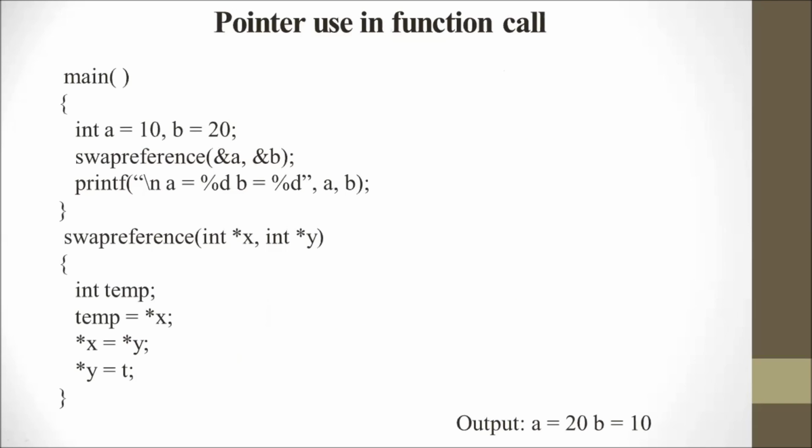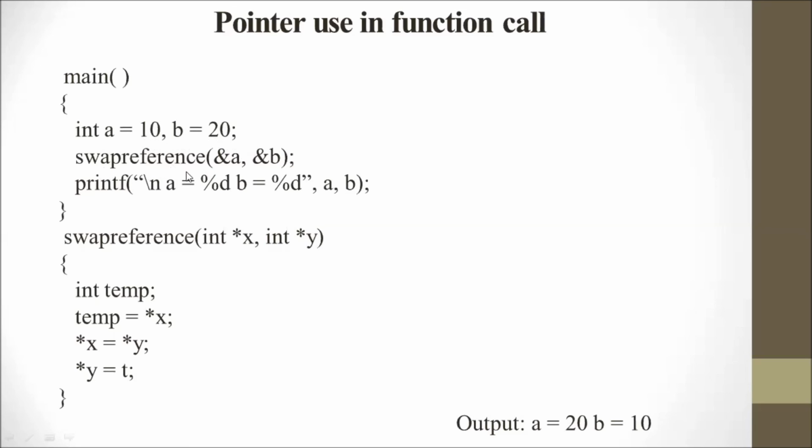Pointers are used often in function calls. So how is a function call used with pointers? Here int a equals 10 and b equals 20, so we assign 10 to a and 20 to b. Here the function name is swap reference.